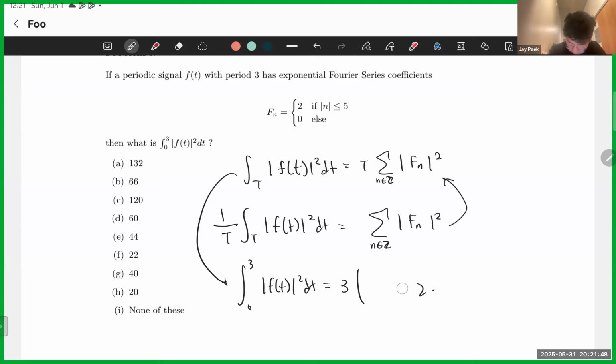So we have 2 to the 5... sorry, 2 to what? 2 plus 2 plus 2 plus 2 plus 2, and then squared. Wait, that's clearly not right.